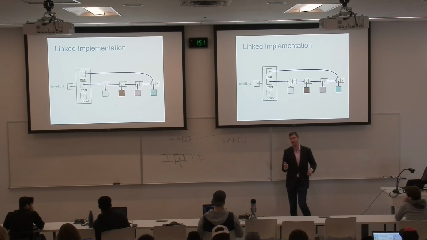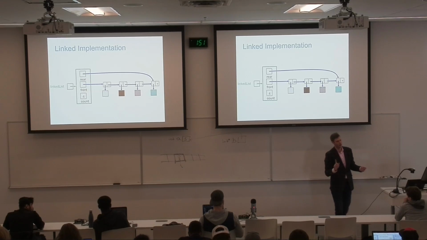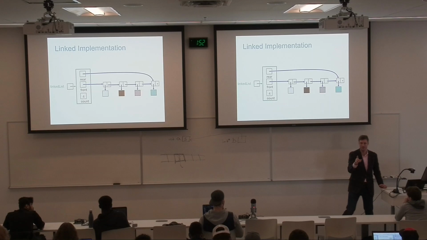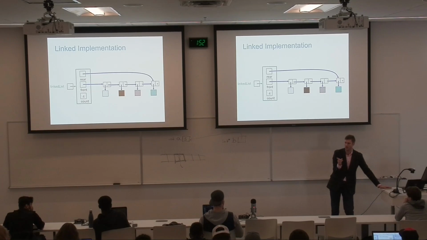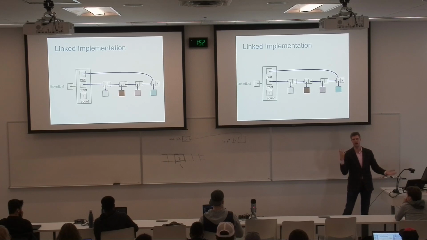But at the same time, remember with the array implementation, what was the complexity of adding something to the front? What about removing something from the front? With the linked implementation, what's the complexity of adding something to the front? One. How about removing? One. We have those trade-offs.